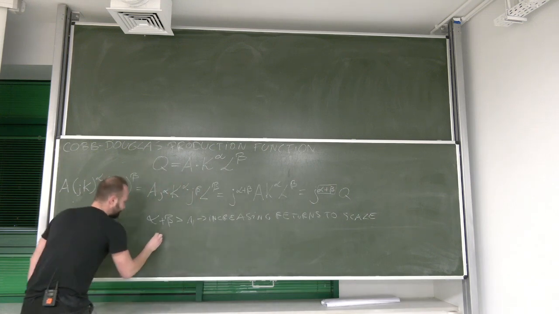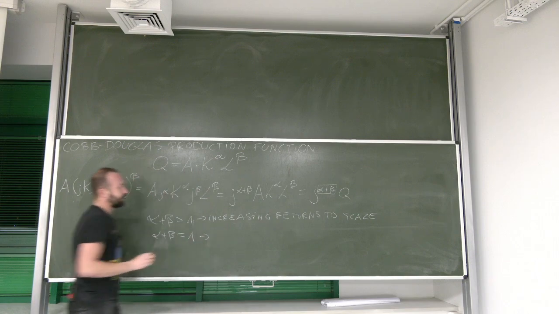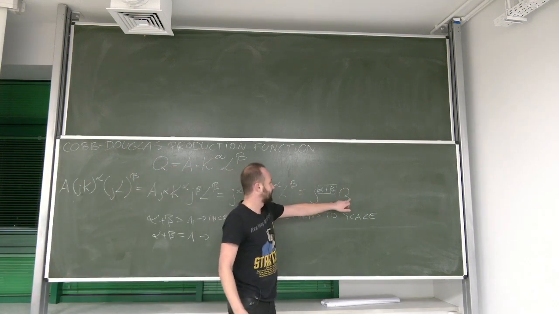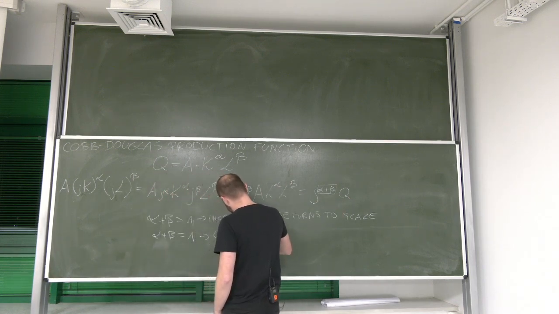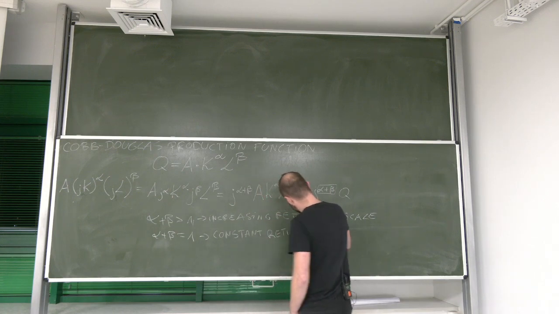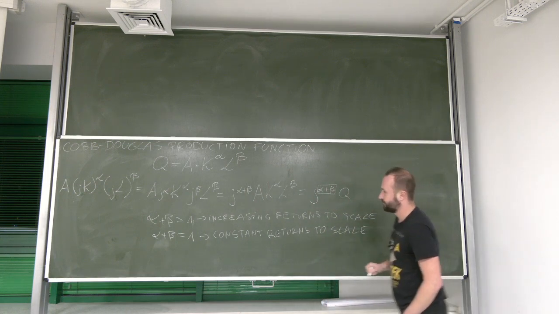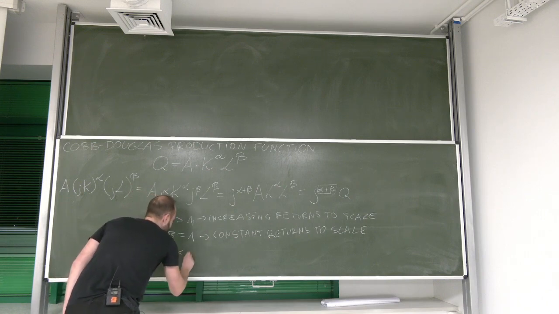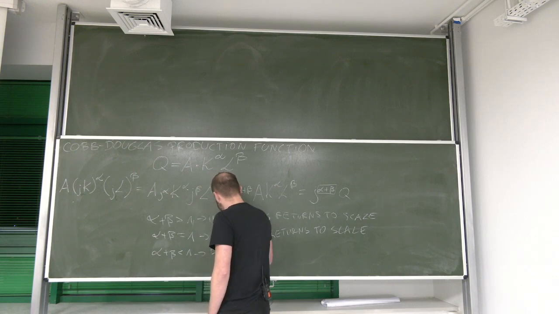Then, if alpha plus beta is equal to exactly 1, it means that if I double the capital, double the labor, I will double the production. We call it constant returns to scale. And finally, the last possibility, if it's below 1, we say we have decreasing returns to scale.